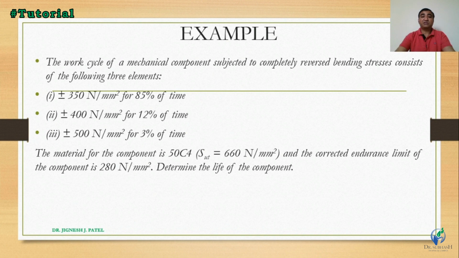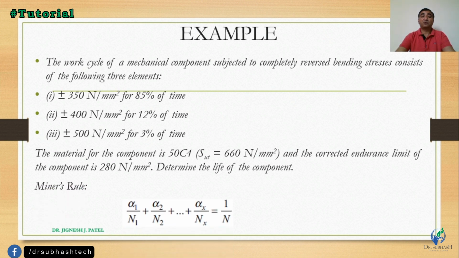Now you have already studied Miner's rule in the theory portion. So what is the equation of Miner's rule? The equation is alpha 1 upon n1 plus alpha 2 upon n2 plus alpha x upon nx is equal to 1 by N, and alpha 1 plus alpha 2 plus alpha 3 plus alpha x is equal to 1, in which this N is the life of the component that we have to find.